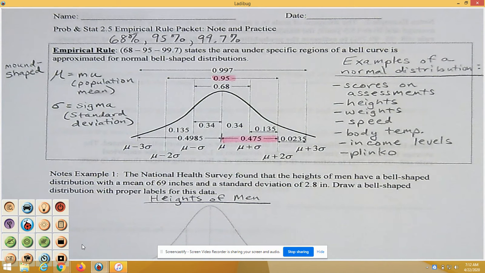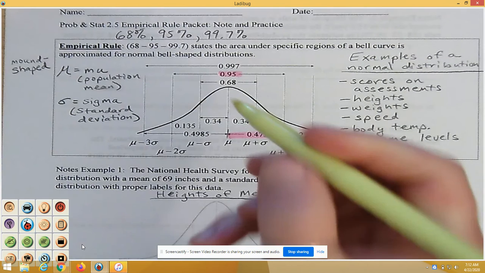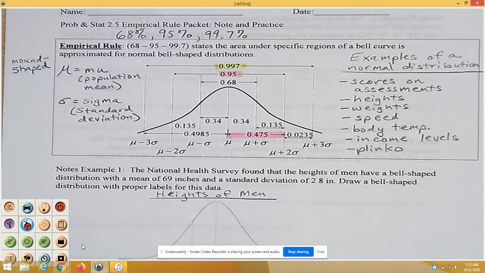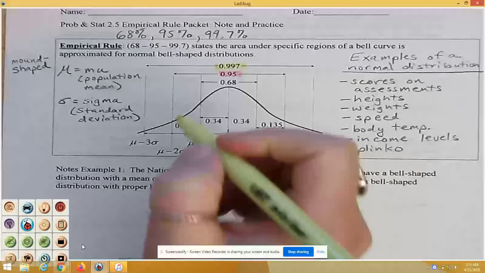All right, and then if you have three standard deviations above and below the mean, you will get 99.7% of the data. So that is this amount here, this is the 99.7 divided by 2 as a decimal, not as a percent. And you can kind of see how they're sectioning each area.